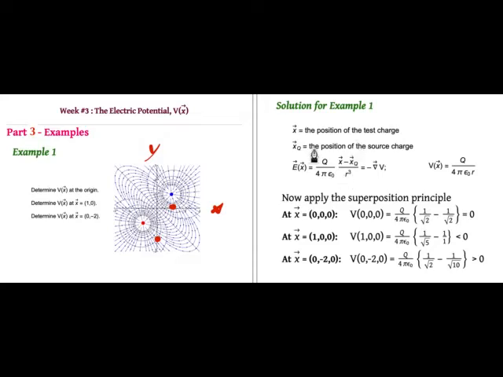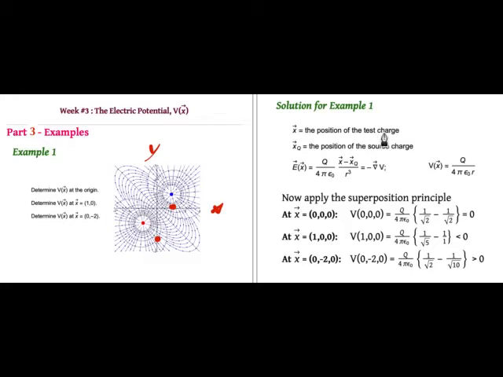That was a result from last week. And the electric field is minus the gradient of the electric potential. So the electric field is the rate of decrease of electric potential.